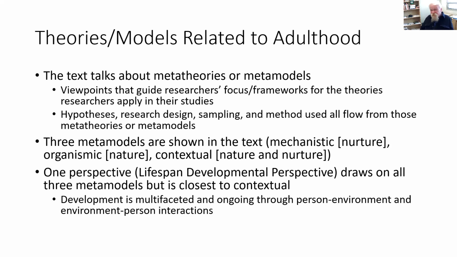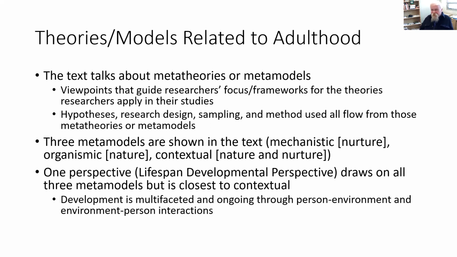That kind of depends on the model or the theory that you're looking at. Also, it kind of constrains your sampling. In other words, what population are you going to pull your participants from in order to generalize their behavior to a population? And then the method used, okay? Those all flow from those meta theories or meta models, all right?